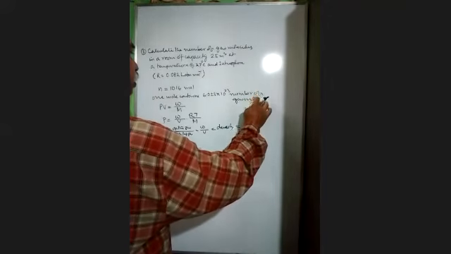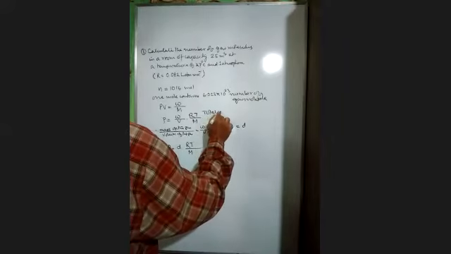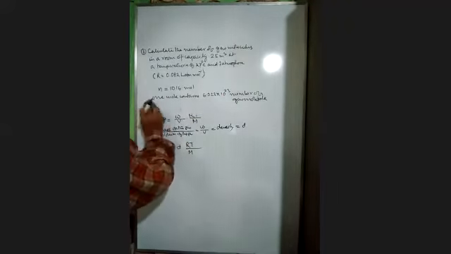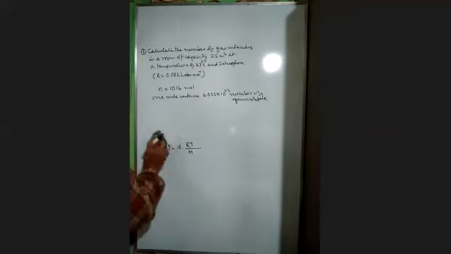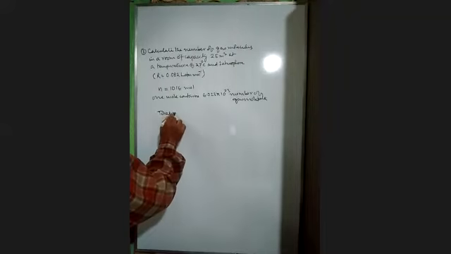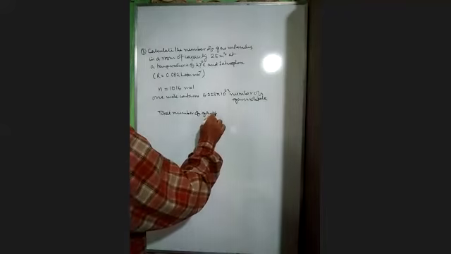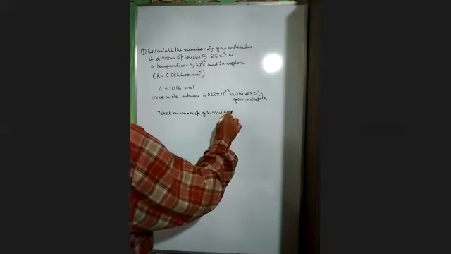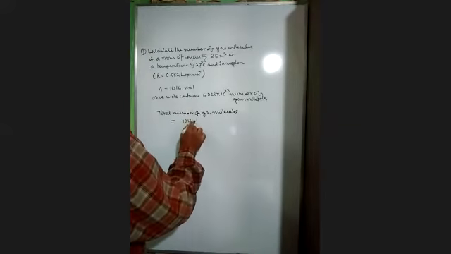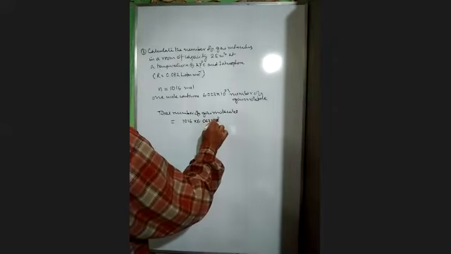So what will be the total number now? So total number of gas molecules is equal to 10^16 into 6.023 into 10 to the power 23.